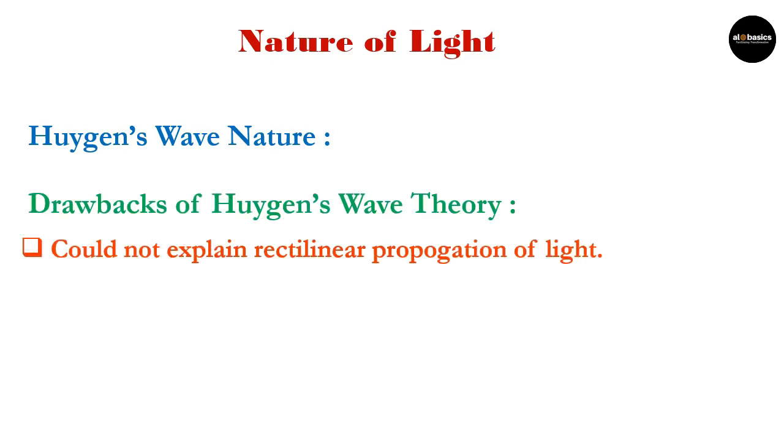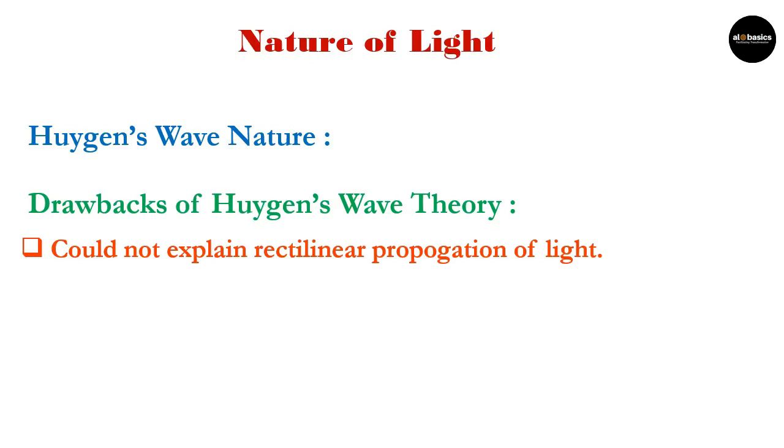Because we know that wave nature means it is an up and down vibration. And Huygens could not explain rectilinear propagation of light properly. That is one of the drawbacks of Huygens' wave nature at that time.